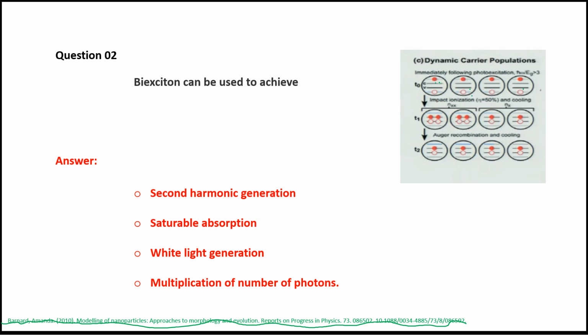Okay, so if you consider a system with say 100 molecules, then here the chance of impact ionization to happen is 50%.